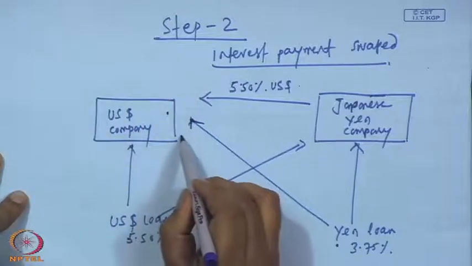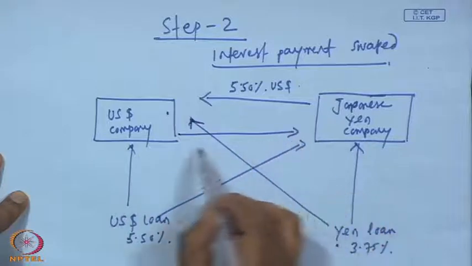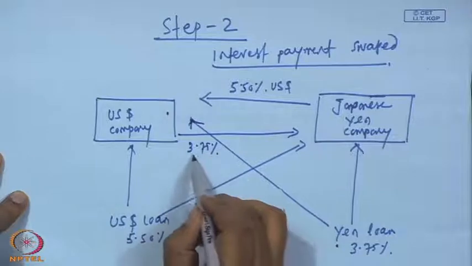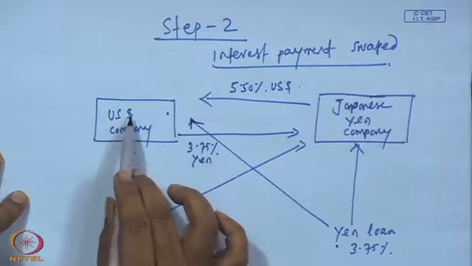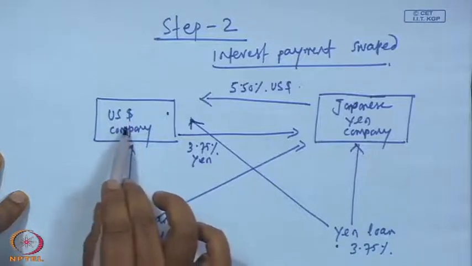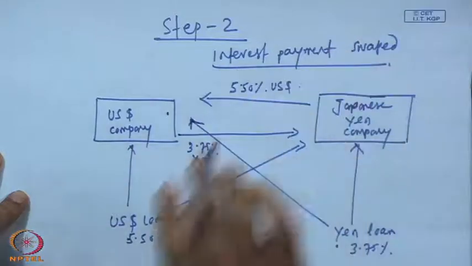Same thing in case of the Japanese yen loan, that is the 3.75% yen denominated interest rate: it is paid by the US company and transferred to the Japanese company, again transferred to the respective financier.